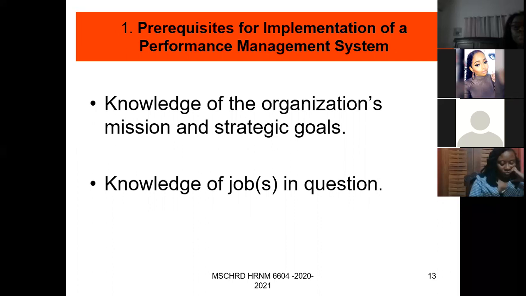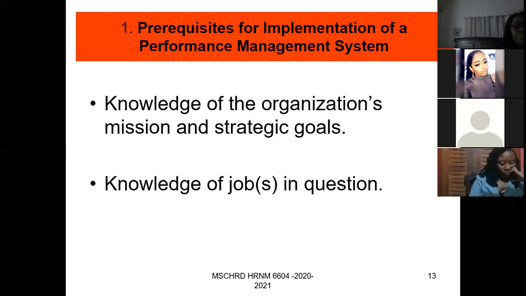So you have to know about the jobs so that you can decide what will be the priority characteristics that are important to be measured by the system. So you'll ask them, for instance, if they have job descriptions.